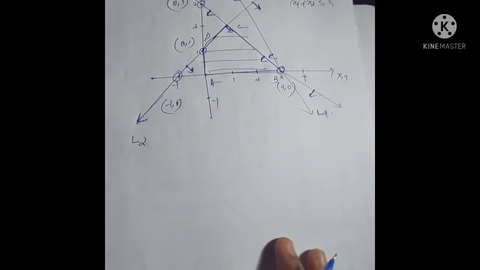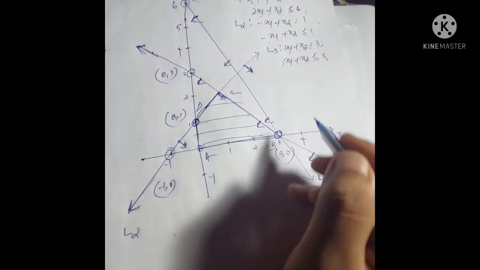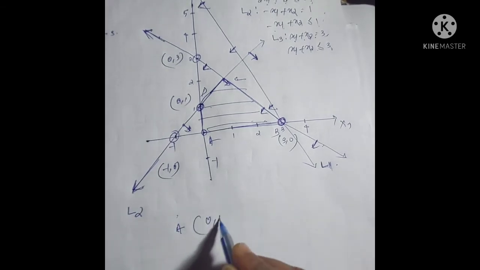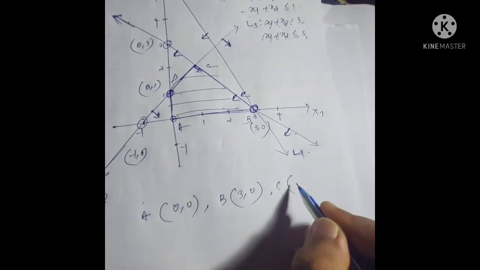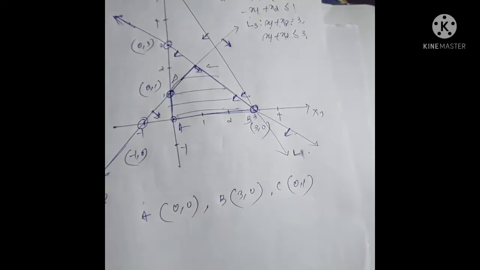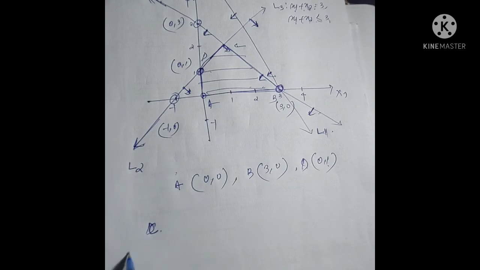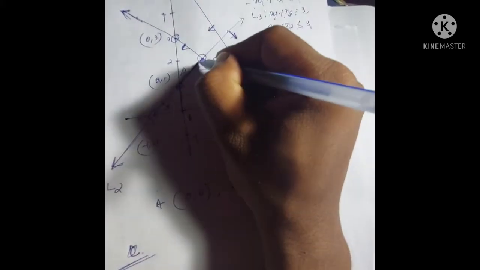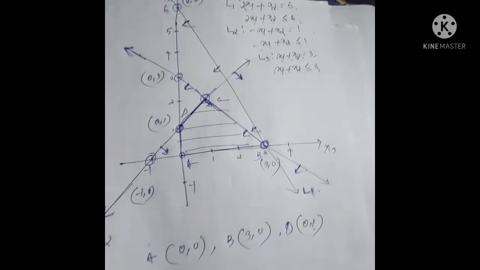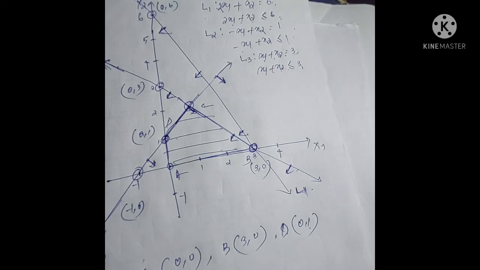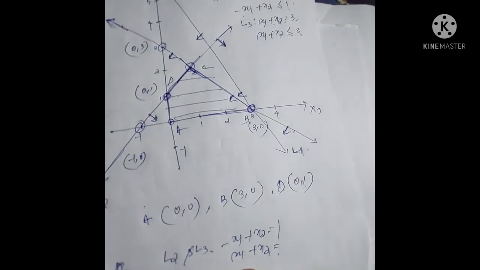Now we know that the optimal solution exists at a vertex point. Here vertex A will be (0, 0), vertex B will be (3, 0), vertex D will be (0, 1), and we have to find vertex C. By solving, we find this point, so solve this line and this line, means we have to solve lines L2 and L3. Line L2 is minus x1 plus x2 is equal to 1, and line L3 is x1 plus x2 is equal to 3.